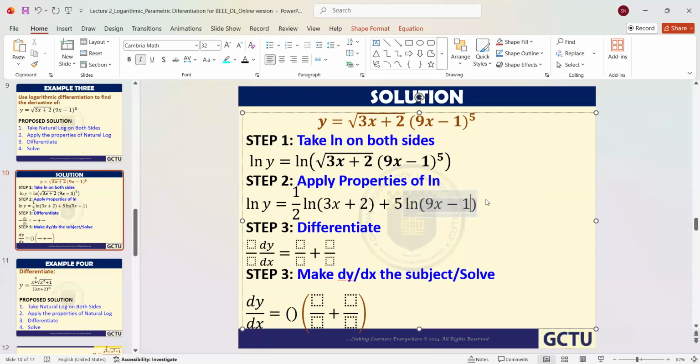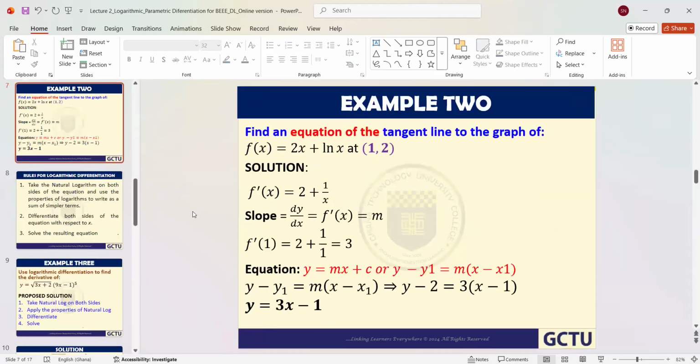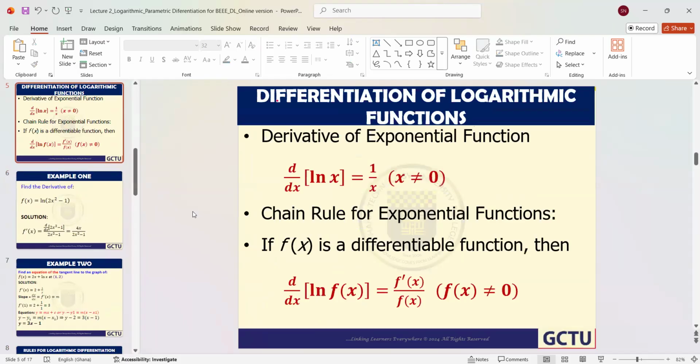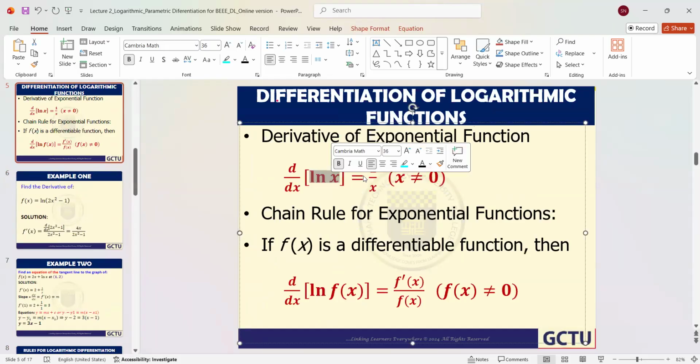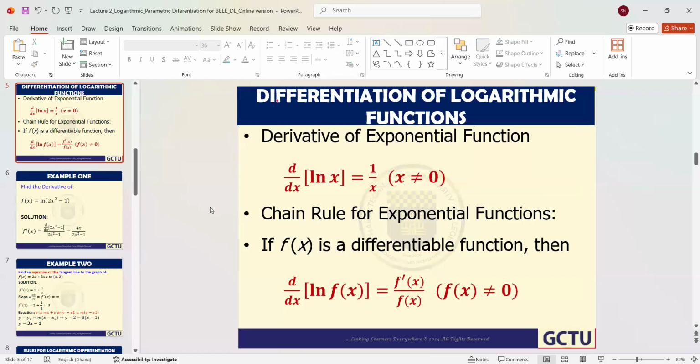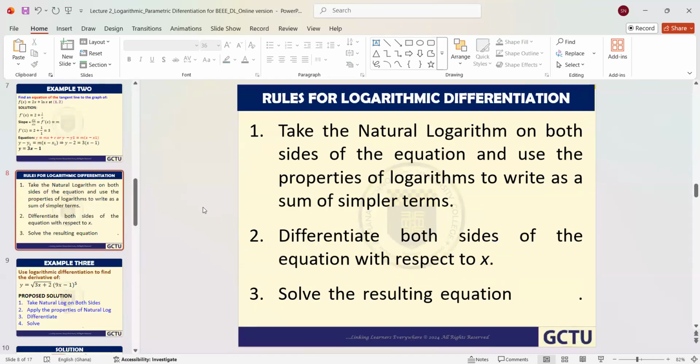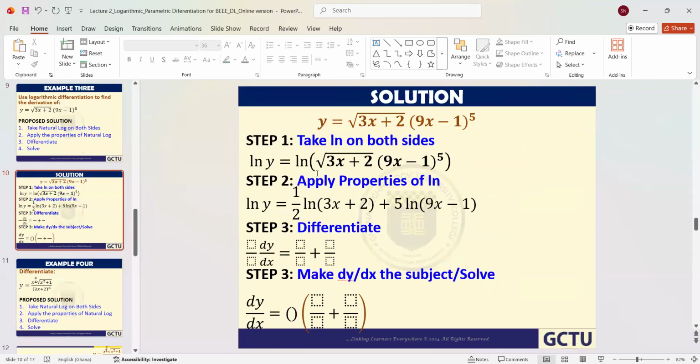Okay, so we have applied the properties of log or natural log. Now, it is time to differentiate. Now, remember that if you differentiate natural log of x, remember the rule here, the first example. When we differentiated the natural log of x, it gave us 1 over x. But in this example, we are not differentiating natural log of x.